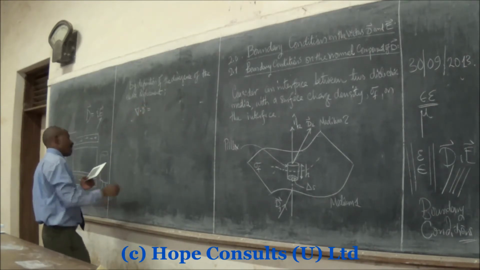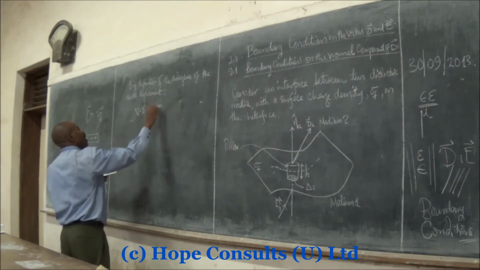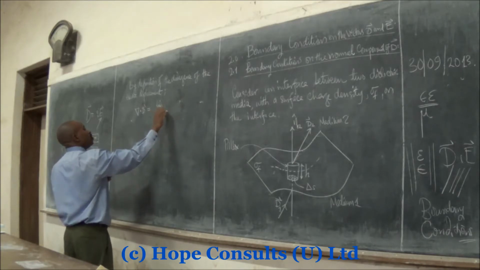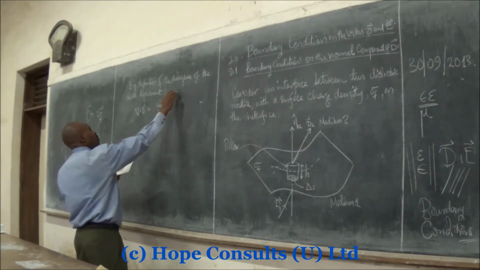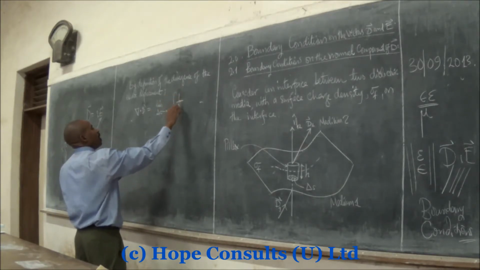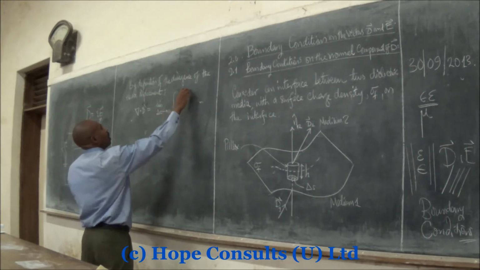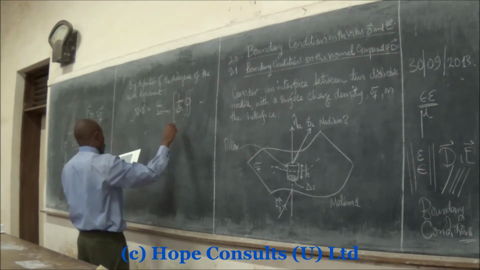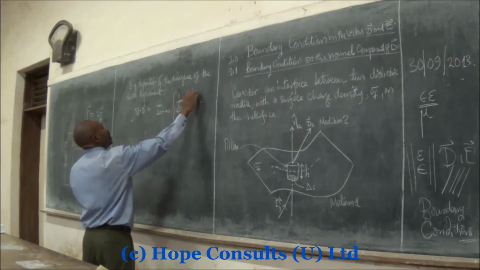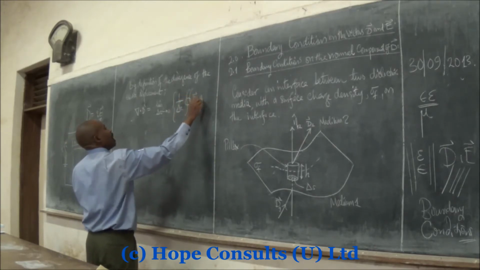This will be defined as the limit as the change in the volume tends to 0 of 1 over the change in volume, double integral D dot n12 dS.